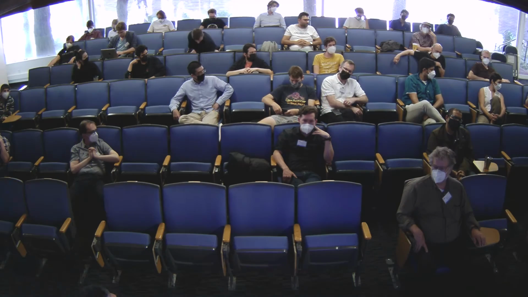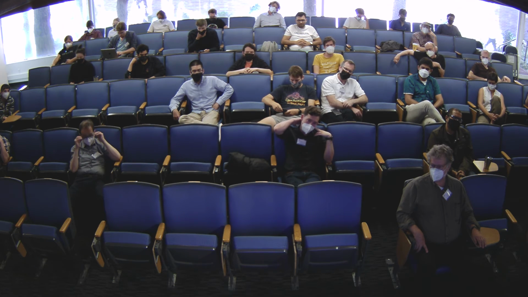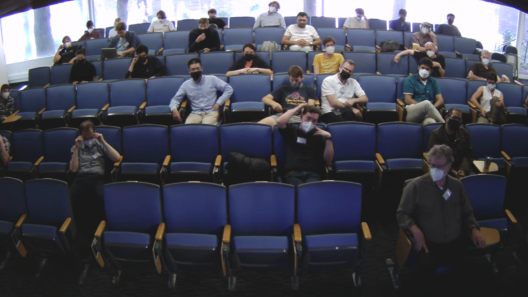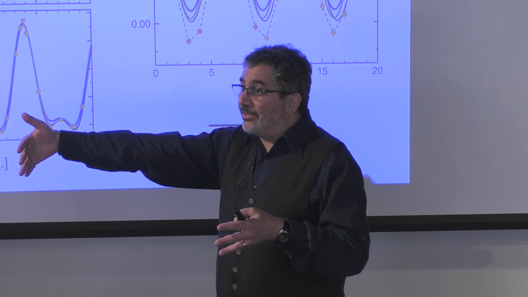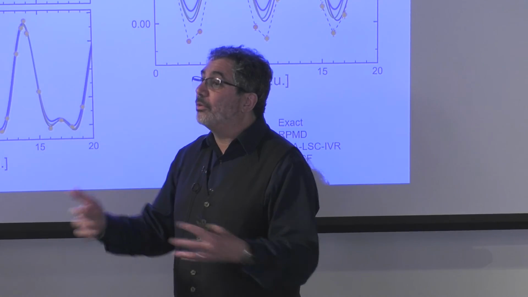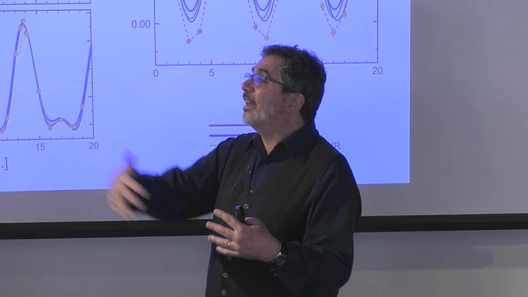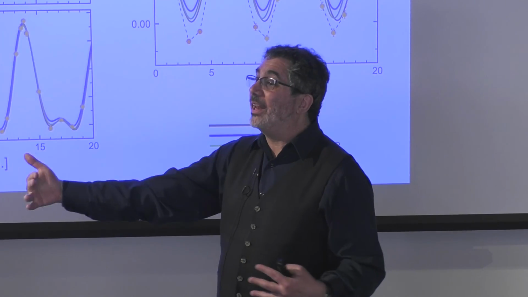The RPMD, is that a fixed number of beads? It's a fixed number of beads, yeah. That one you don't have to increase the number of beads because the time is the parameter of your molecular dynamics. So you just run a path integral MD trajectory and you pretend like the dynamics that you use for sampling is giving you quantum dynamics.